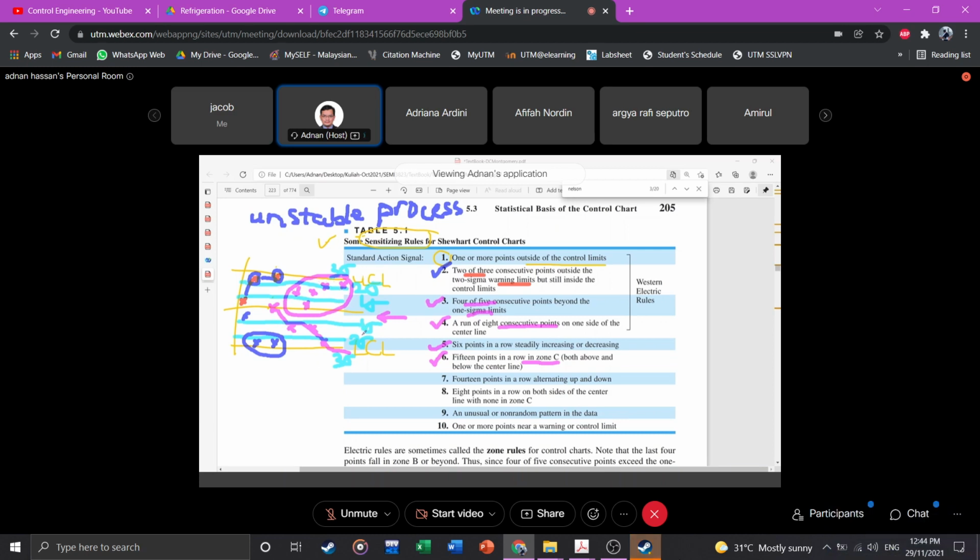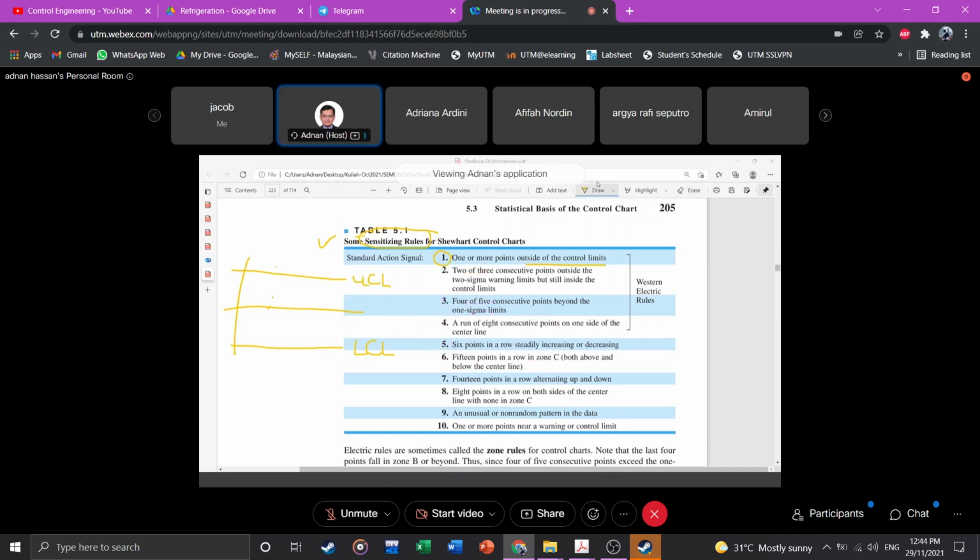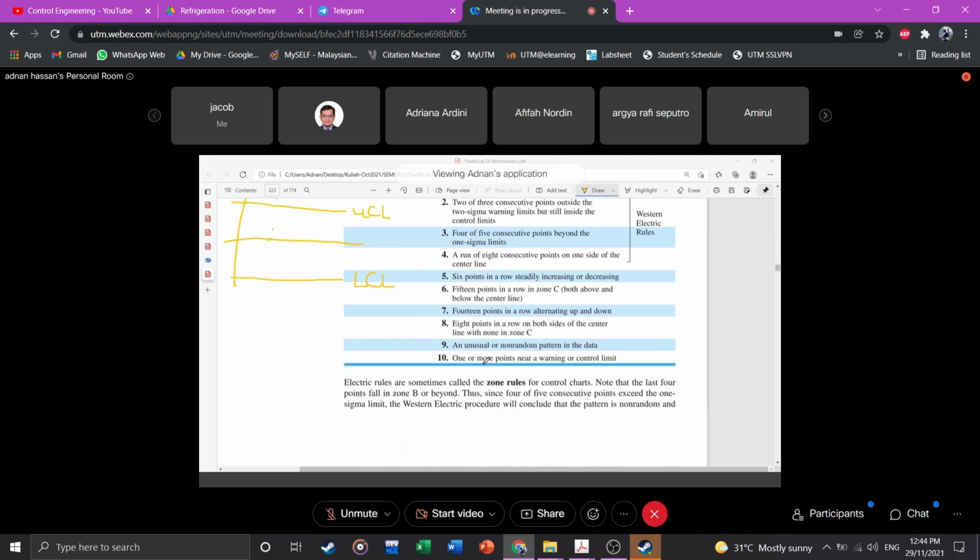We can have this, we divide this into zones. Let me see the labeling of the zones.